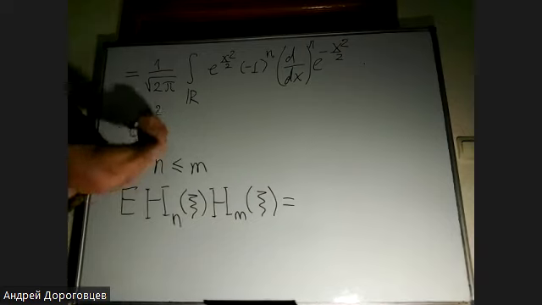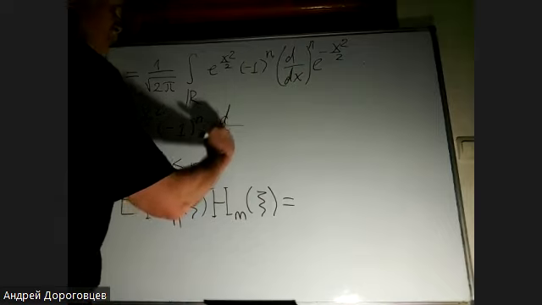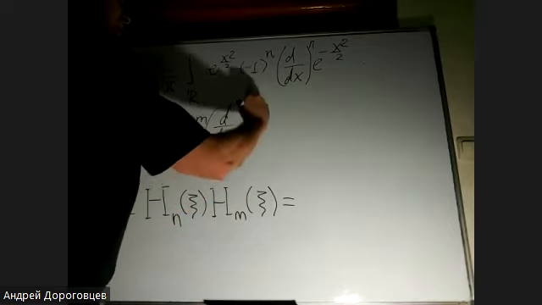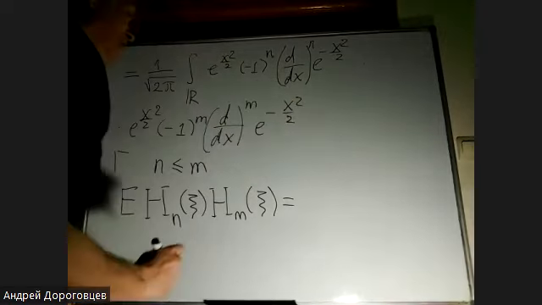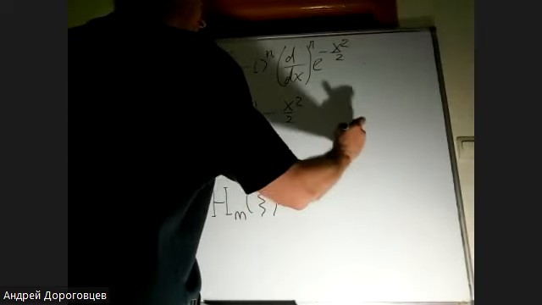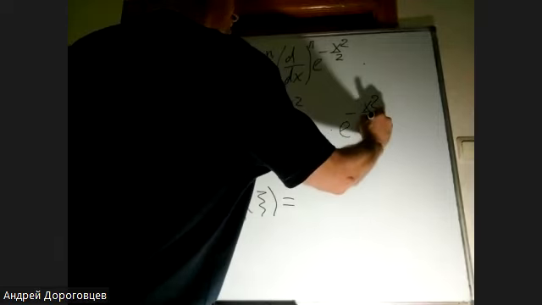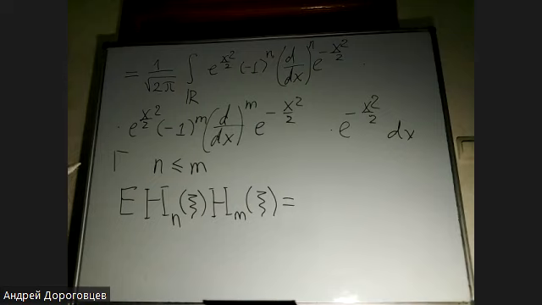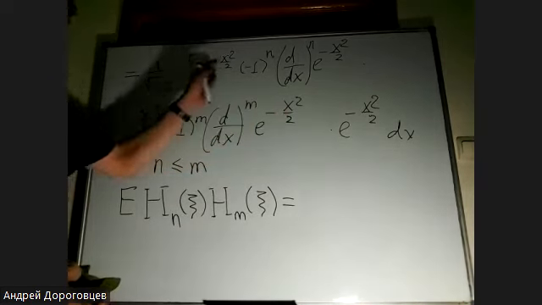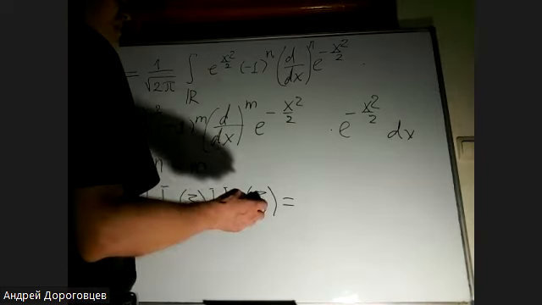Here is minus 1 to the power m, e to the x squared over 2, d/dx to the m of e to the minus x squared over 2, multiplied by e to the minus x squared over 2 dx. So what we have, we can cancel one of these terms, and let me do it here.